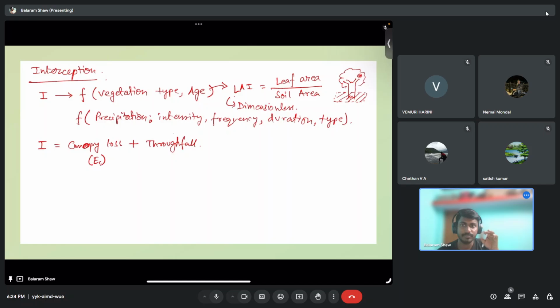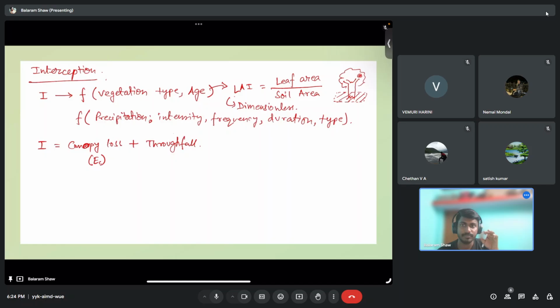We'll write it as, let's say, EL. Okay, and next we'll have stem flow also. As I said, whatever fall is happening from the leaves is called through fall. And if some water is dripping from the stems and branches and all, right? That is called stem flow. So these through fall and stem flow will be very minimal. Okay, but the main part of the interception will be canopy loss and forest floor interception loss.